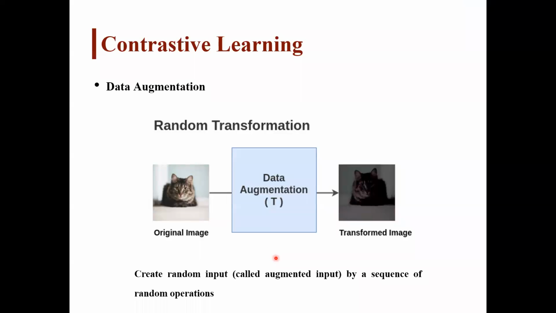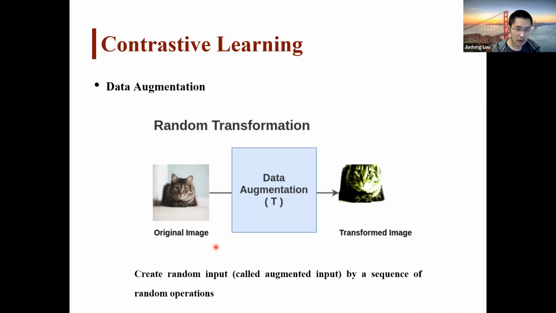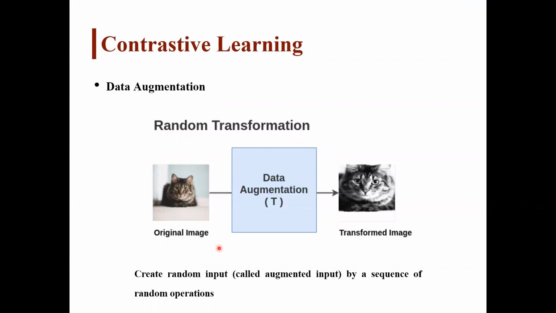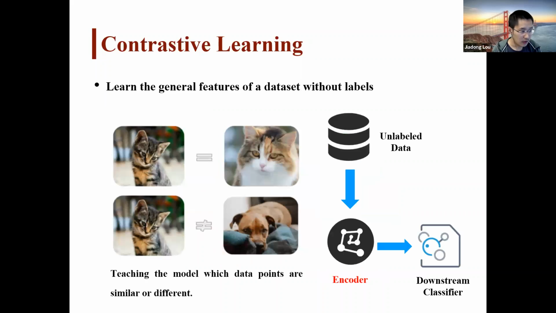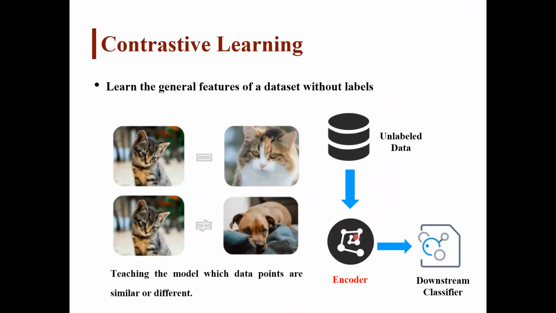One question, Jiadong. What is the output of contrastive learning? Is it like k-means or PCA, like a clustering algorithm, where the output is some groups of data? The input of contrastive learning is the unlabeled data. Yes, and the output is an encoder. Oh, it's an encoder. The output is the encoder, and the input is unlabeled data. Then the encoder's output is the downstream classifier?